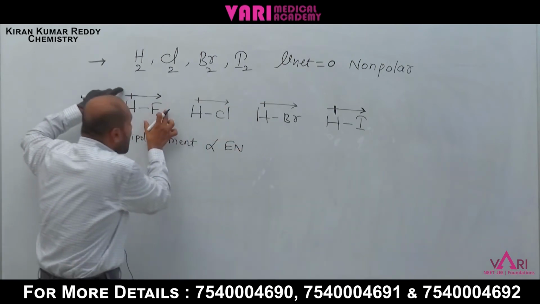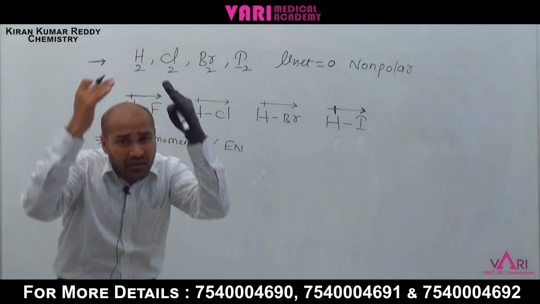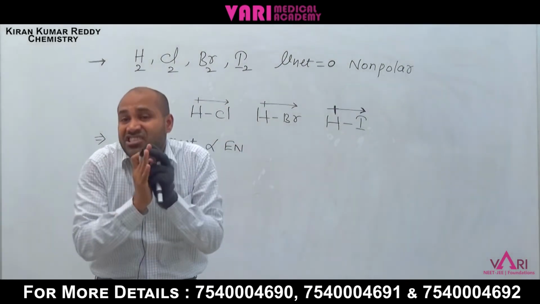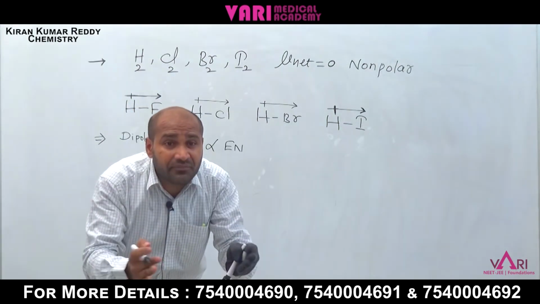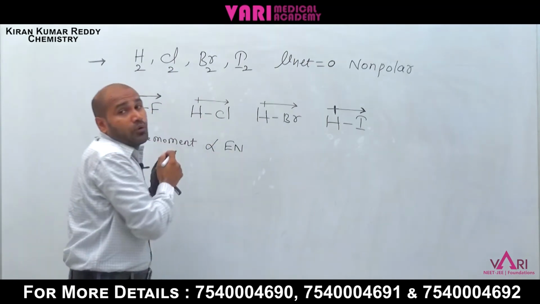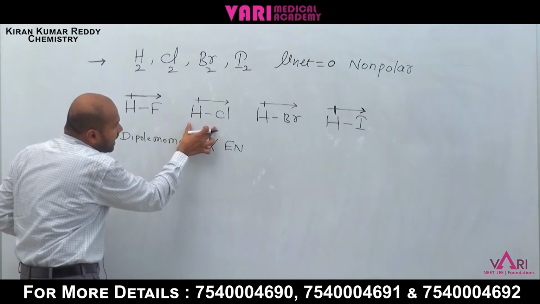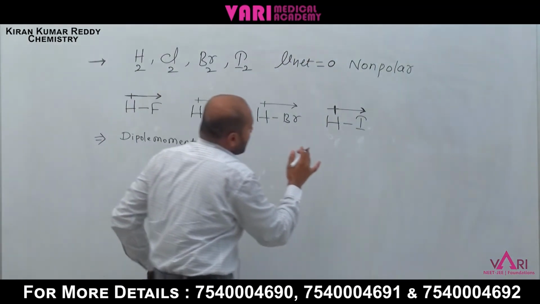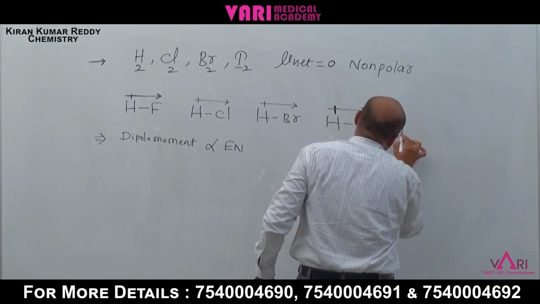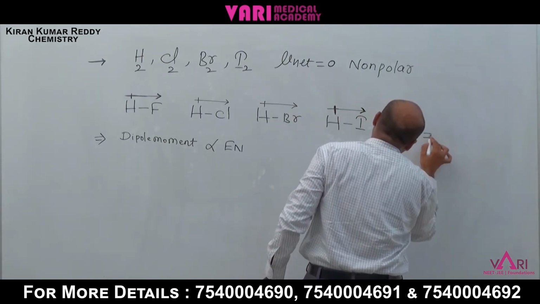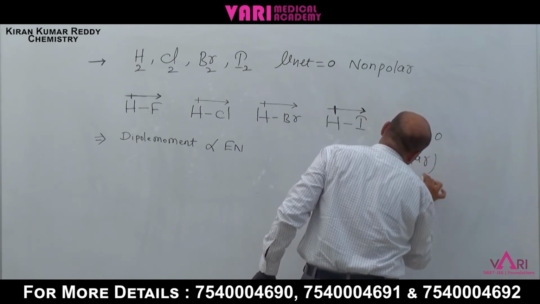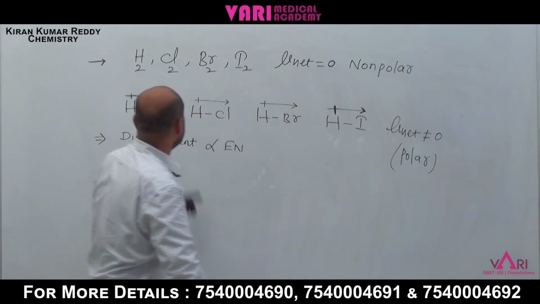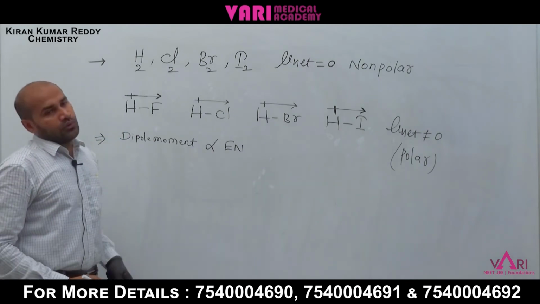But charge is the predominating factor, not distance. Charge is the only dominating factor for dipole moment. In heterodiatomic molecules, mu net is not equal to 0, so these molecules will be polar. These are all polar molecules.